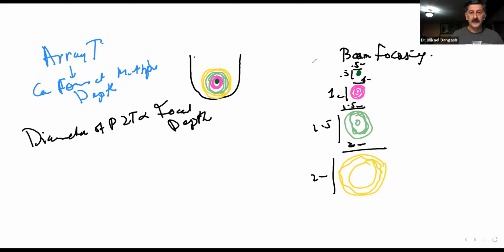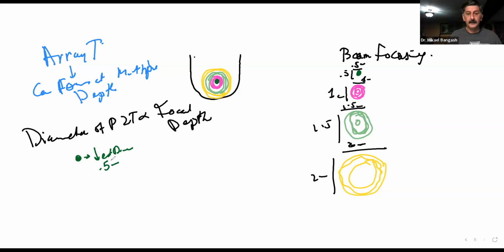And what do we see here for the green one? That has the smallest diameter, because that was just 0.5 centimeter. Did that make sense?